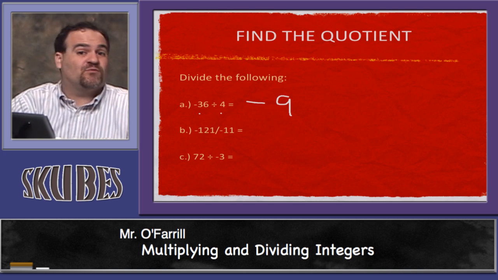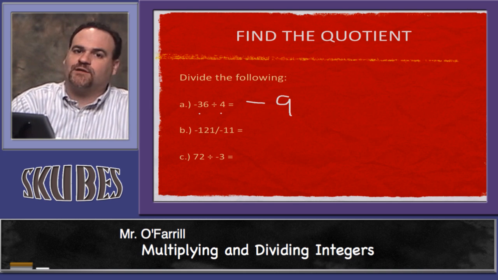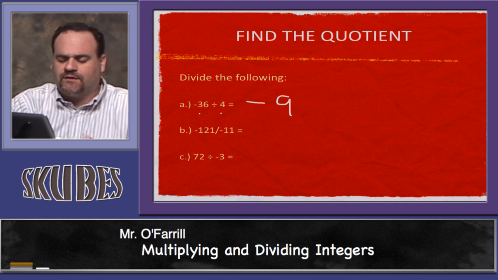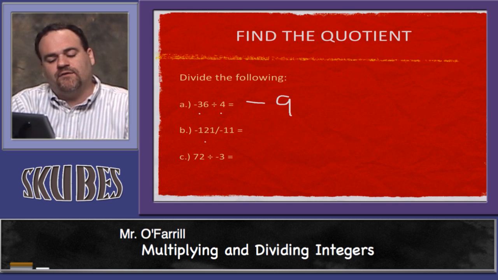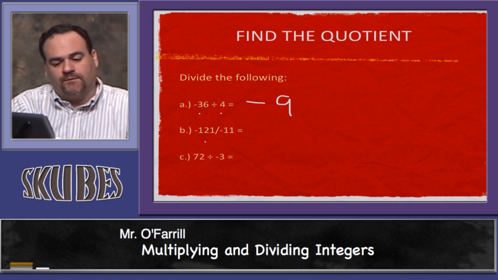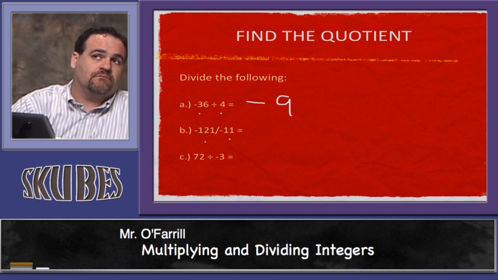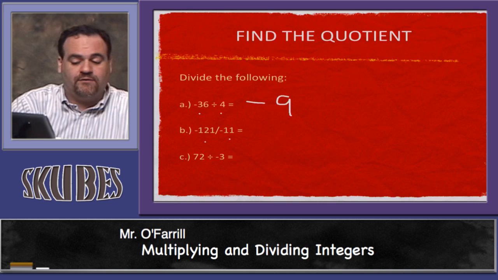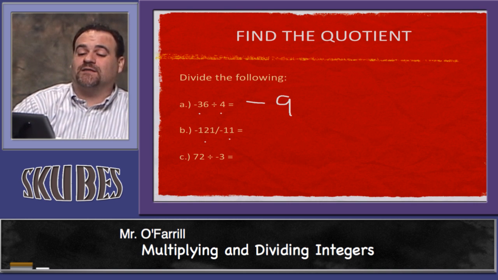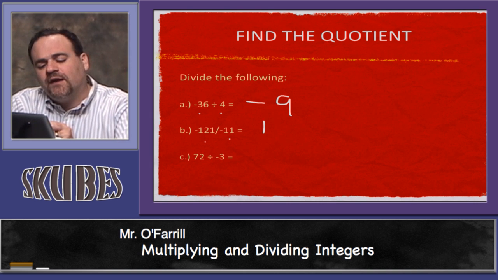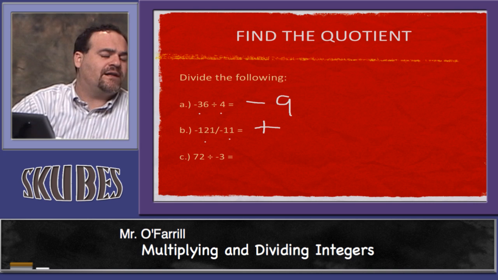Here we have division written as a fraction. Fractions are basically just division in disguise. We have -121 divided by -11. Negative divided by negative. The answer here is going to be positive. If you need to put a little plus sign here to remind yourself of that as you're working on it, that's okay too.